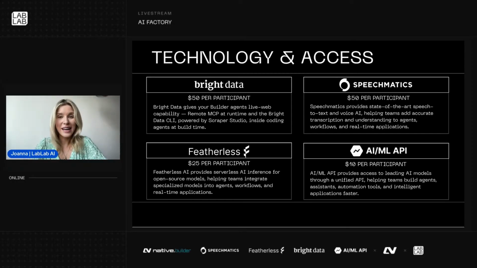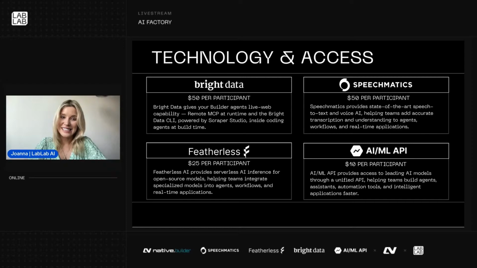Then goes Speechmatics. Speechmatics provides speech to text and voice AI, helping you to add accurate transcriptions and understanding to agents, workflows, and real-time applications. And also, you are eligible for $50 in credits.